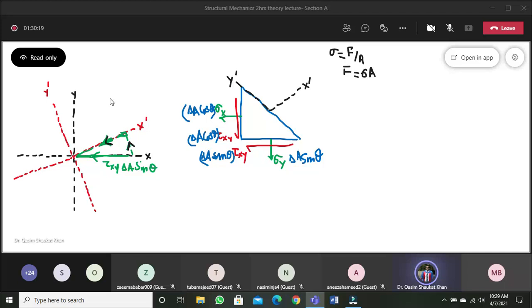So this was your tau xy delta A sine theta, and I have resolved this force into its two components about the y dash axis and x dash axis.